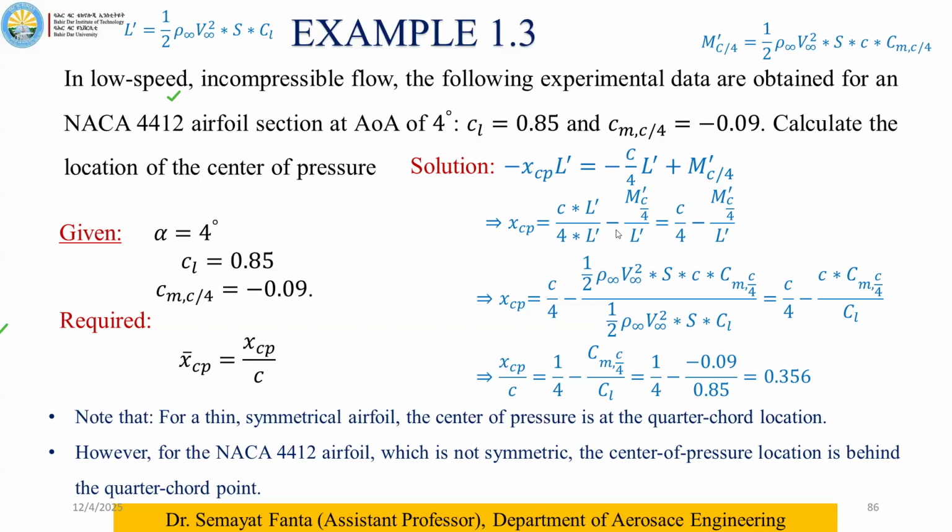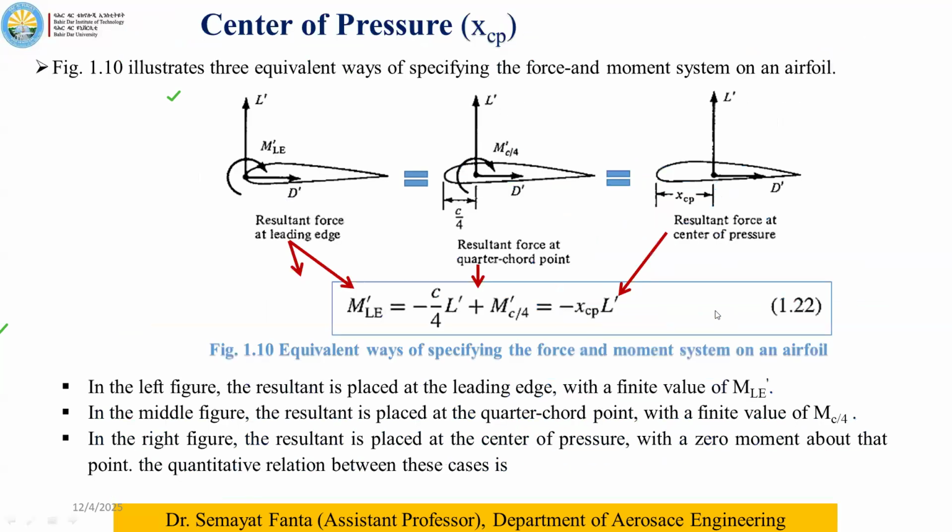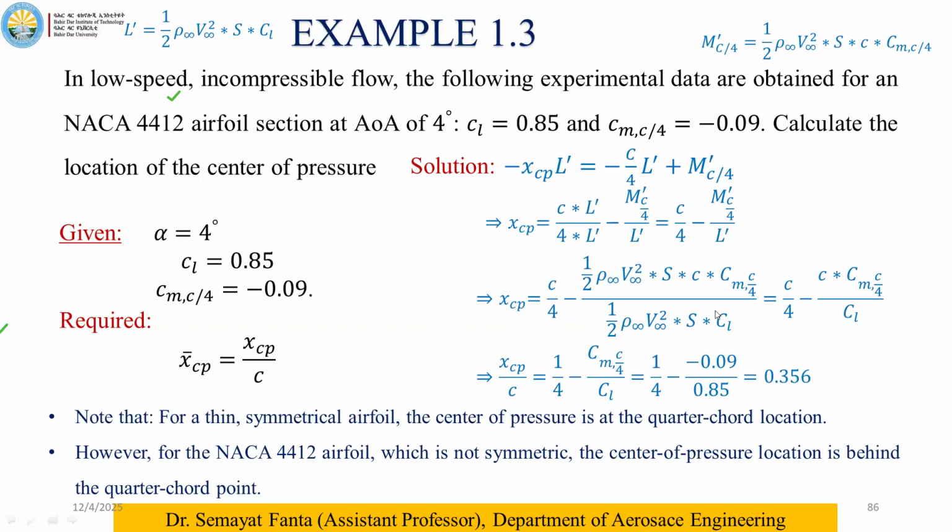So how can we solve? From the previous equation number 1.22, directly applied: minus XCP L is equal to minus C over 4 L plus M about C over 4. Just taking this, we can calculate.